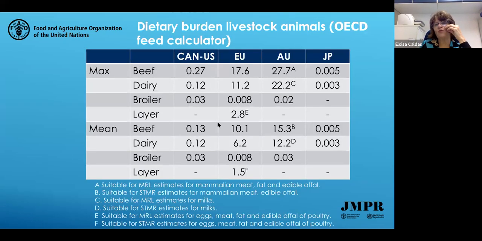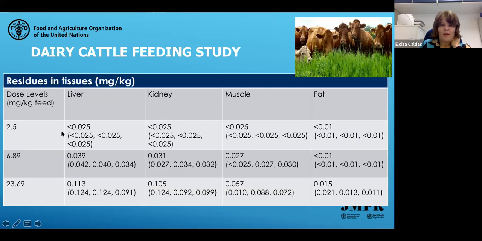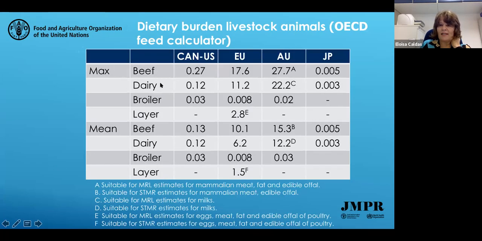Normally the company makes that exercise and estimates a dietary burden, so the company knows the levels around which they have to conduct the feeding studies. Here we have an example where they conducted at various levels, including around the highest level.